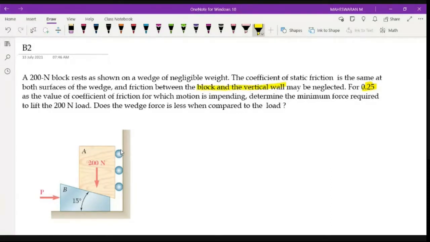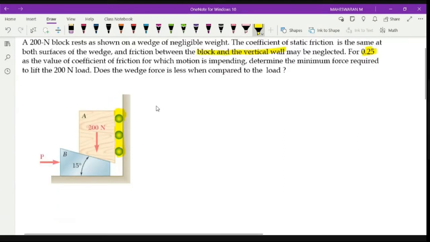That means on this side you don't have any friction, no friction force along your vertical wall, right? And they are asking you to identify the minimum force to lift this 200 Newton load. What is the minimum force required to lift it? And will the force be lesser than 200 Newton or greater than that? So that's the question, right?